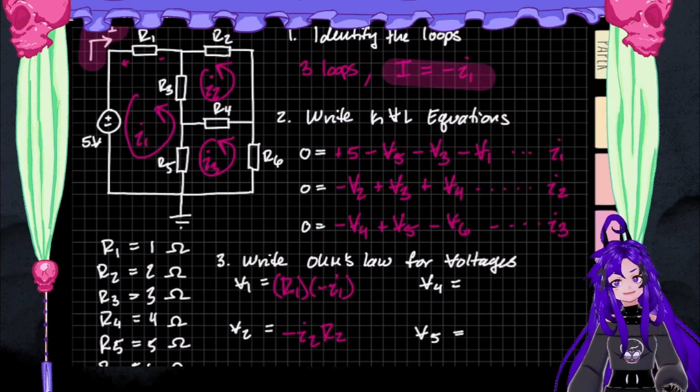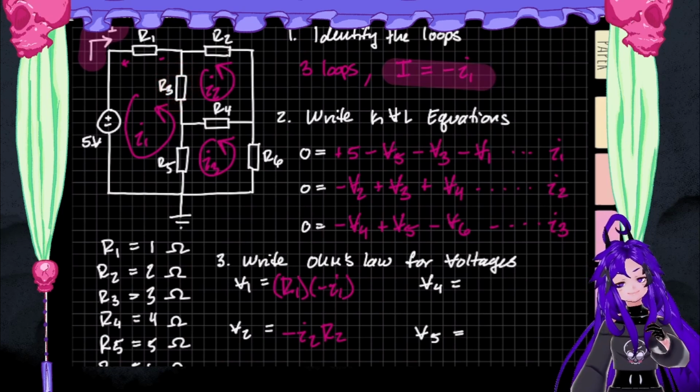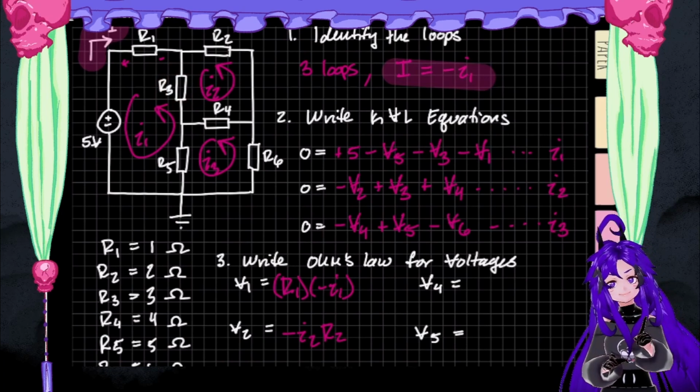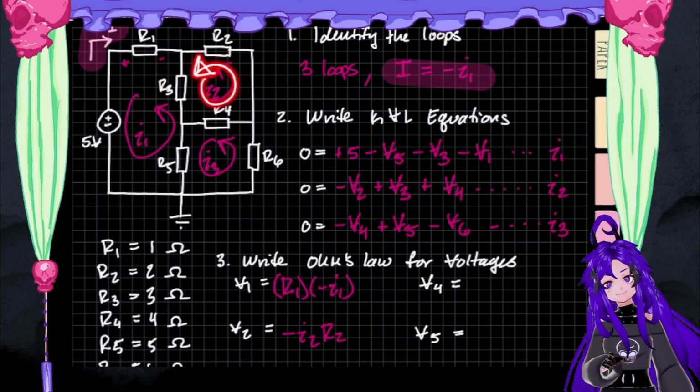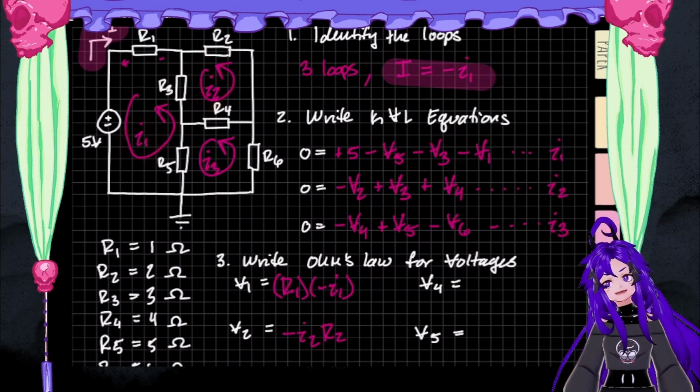Well, V3 is a little interesting because V3 has two current impedance relationships, right? It's got R3 not changing, but it's got I2 and it's got I1. So we're going to represent that.